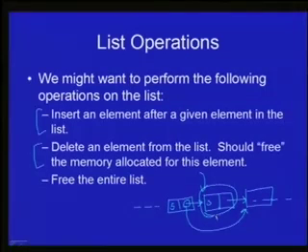So therefore, if we want to modify this value, we must have a pointer to this element of the list. So that means we must have a pointer to the element before the one that has to be deleted.